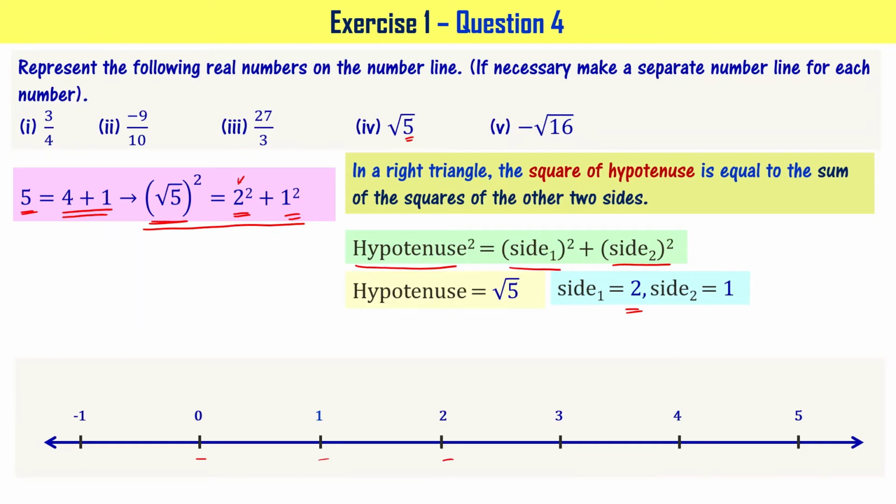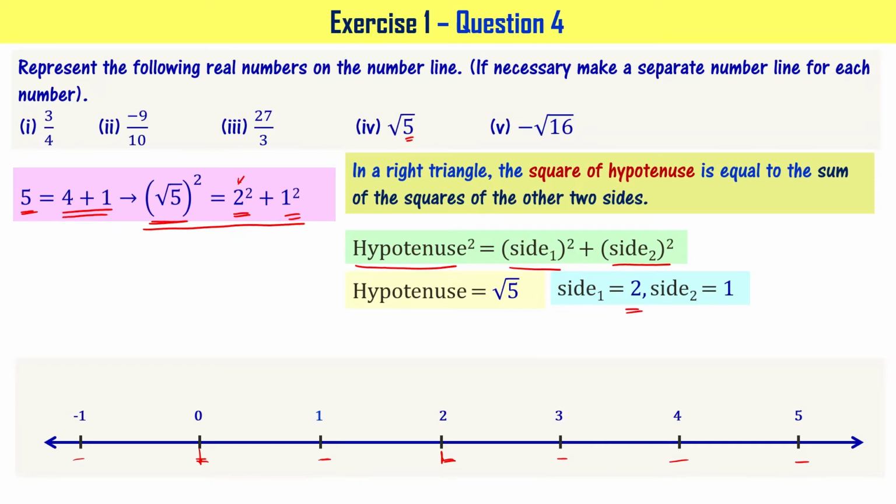Okay, you can have extra numbers like 4, 5 and so on. On this side you can have -1, -2 and so on, not a problem, but you have to have 0, 1, 2 and maybe up to 3 compulsorily, right? Now one side of the right angle triangle is 0 to 2, right? The other side is going to be 1, right?